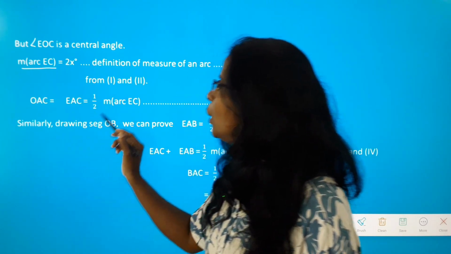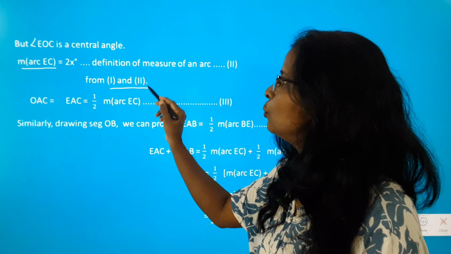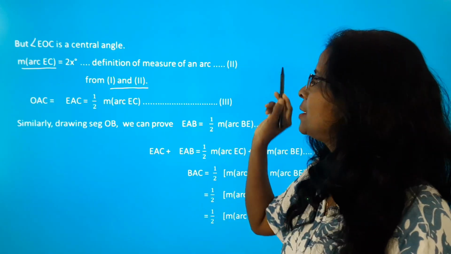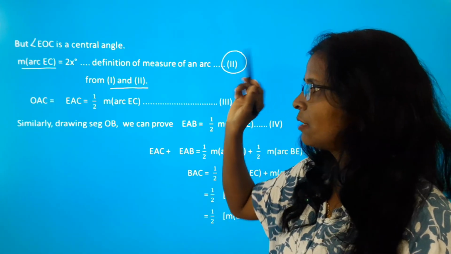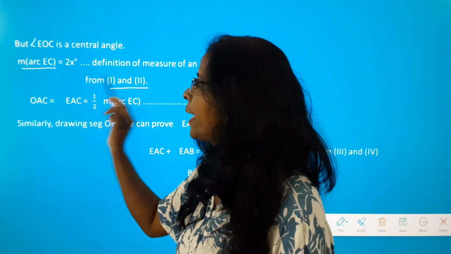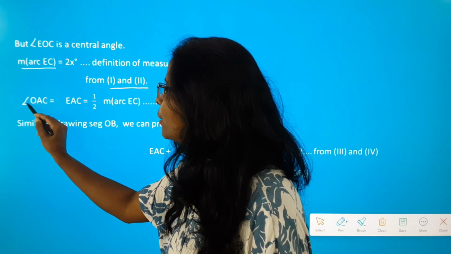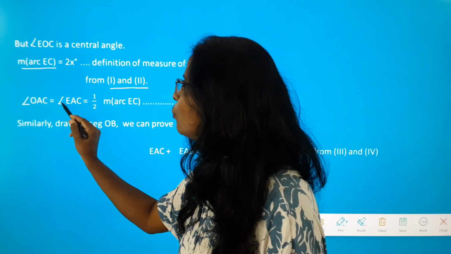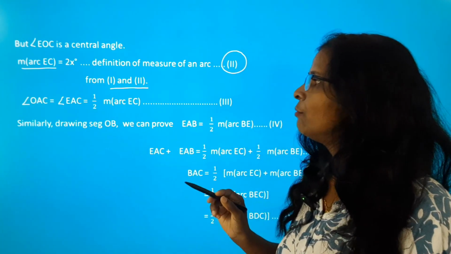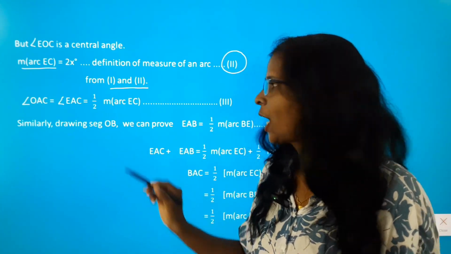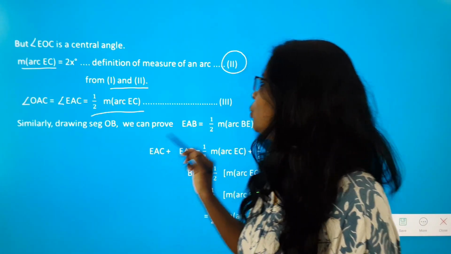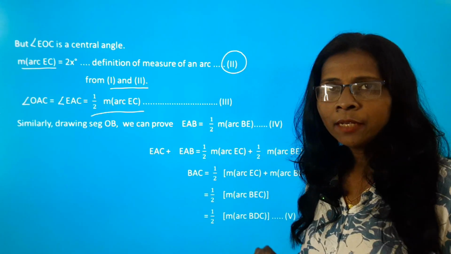So now from equation 1 and 2, call this the second equation, and we have the first equation earlier, so we can say that from the first and second equation, angle OAC is equal to angle EAC, which is equal to half of major arc EC. Okay, call it the third equation.